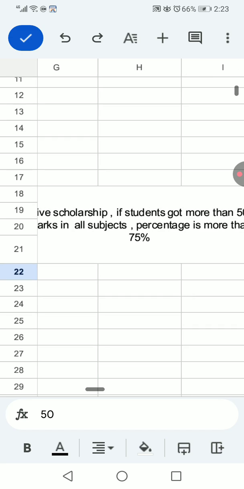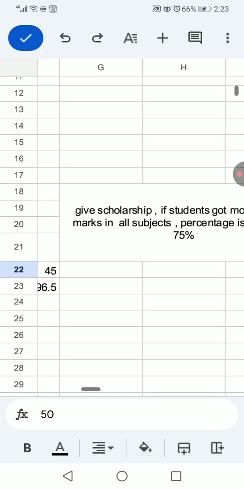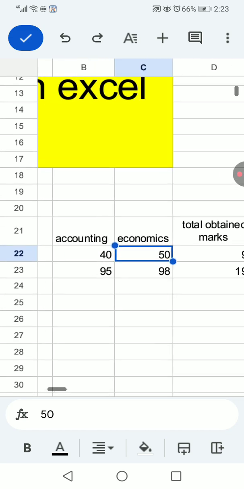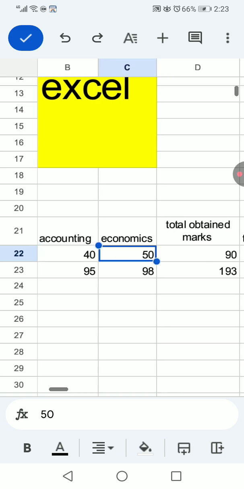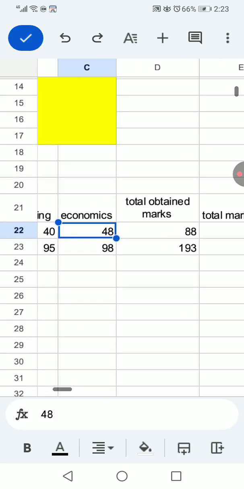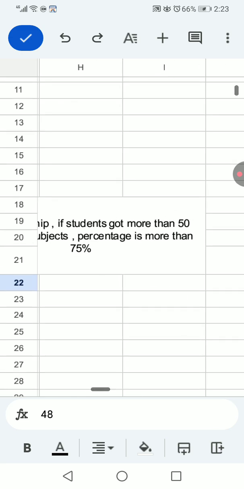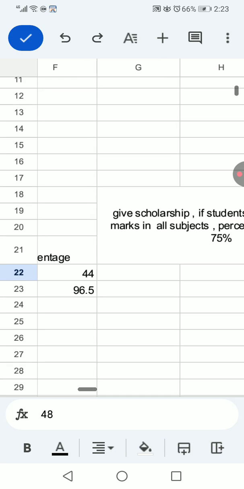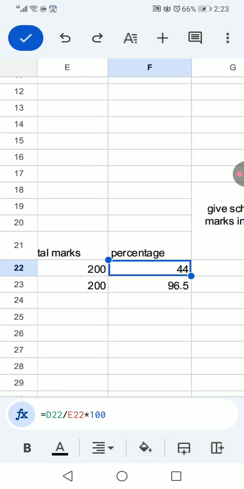So our first criteria is if student got more than 50 marks. First student would not be eligible because all subjects should have more than 50 marks. Here the answer should be no. Scholarship should not be given because marks of first student are not more than 50. For your comfort, I'm going to write 48 over here. Alright guys. And second criteria is percentage should be more than 75%. First student has got 44%. It means both criteria would fail.